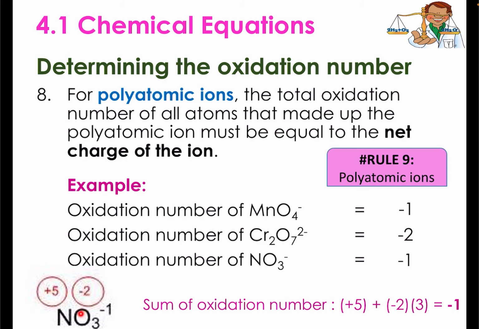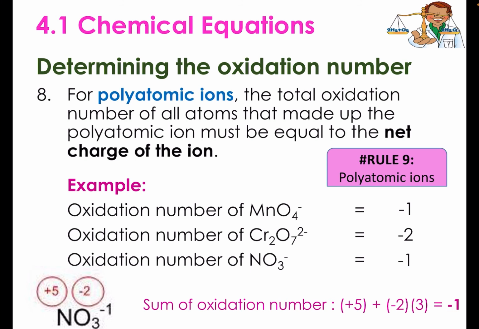Negative 2 adalah untuk oksigen. Dan oksigen ada 3, sebab tu saya darab dengan 3. Nilai dia saya akan dapat negative 1. This is how I want to prove whether my oxidation number for NO3 minus is same with this or not. So, as you can see here, it's same. So, this is how you want to calculate.